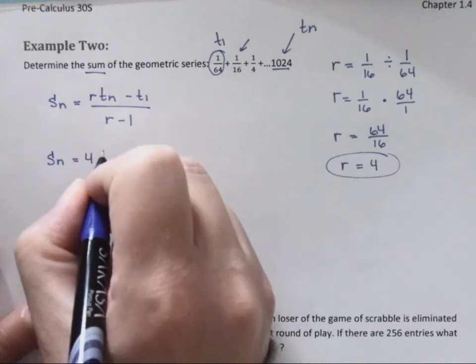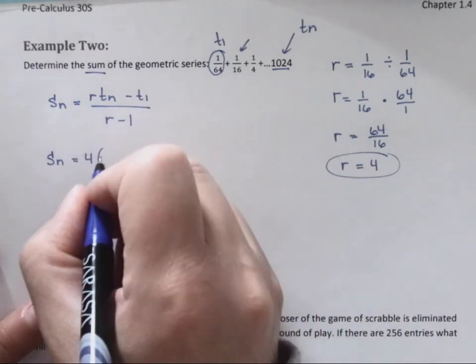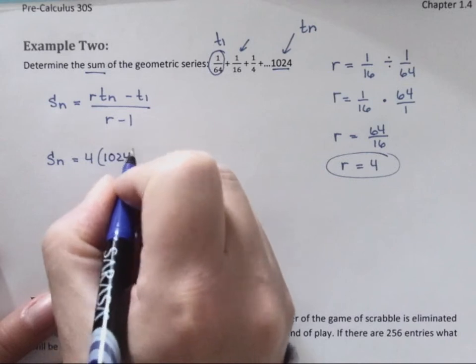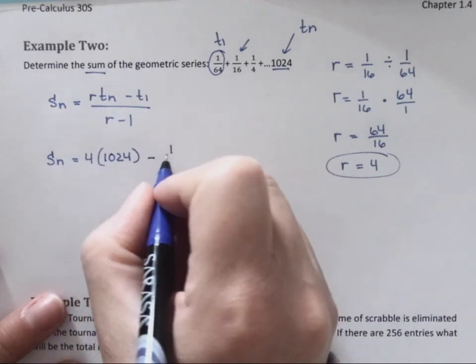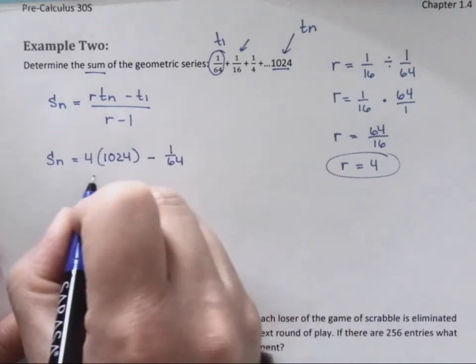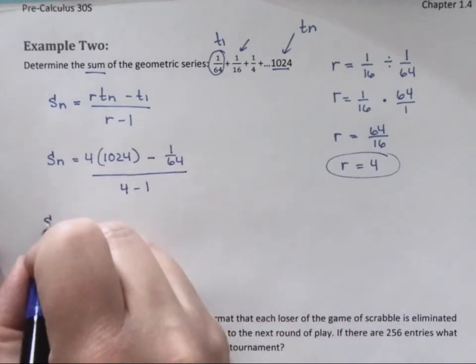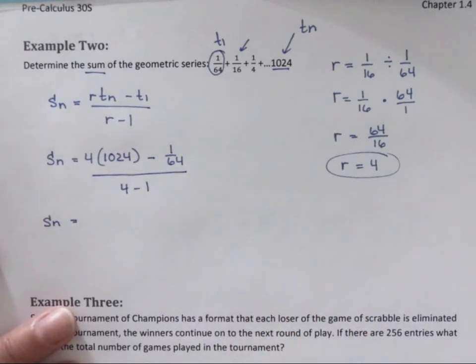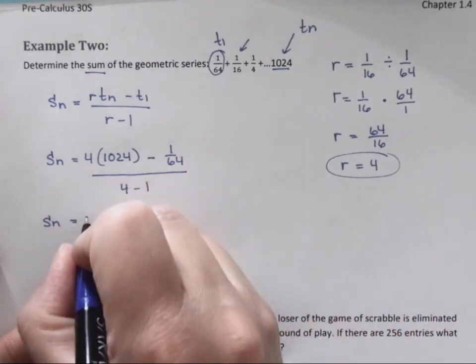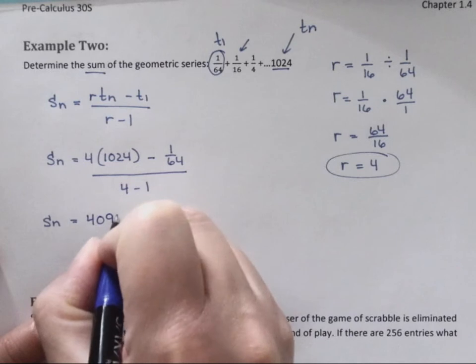Now we just substitute that in. Sn, so 4 times 1024 minus 1/64 all over 4 minus 1. So Sn equals, again, order of operations matters. I'm going to do my multiplying first.